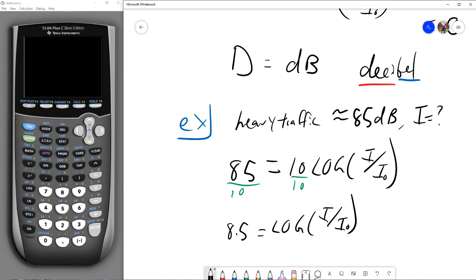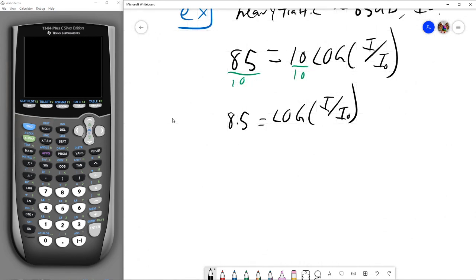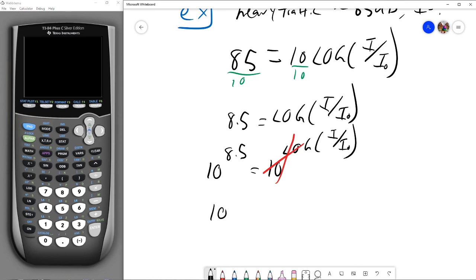Now, since our logarithm is the common log, I'm going to exponentiate with exponential base 10. So we have 10 to the 8.5 is equal to 10 to the log of I over I naught. And again, these two will cancel each other, leaving us with 10 to the 8.5 is equal to I over I naught.